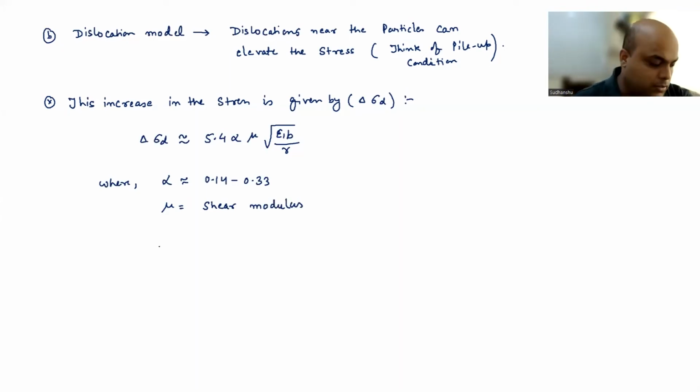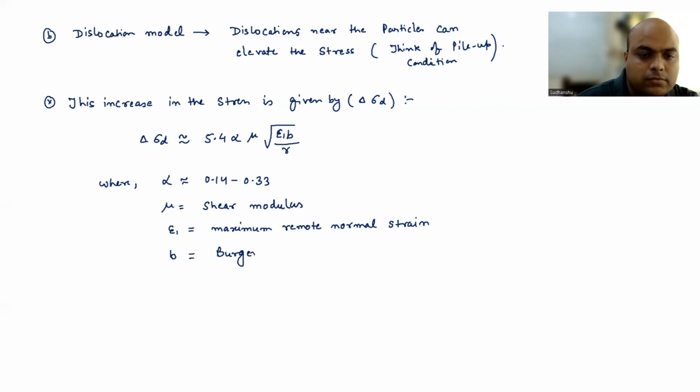Okay. Then epsilon 1 is your maximum remote normal strain. b is your Burgers vector. r, now this is important, r is your particle radius.